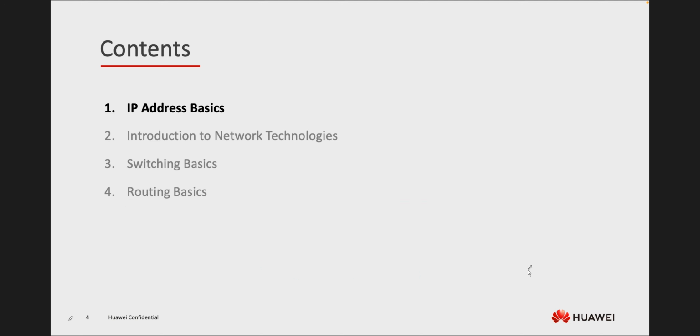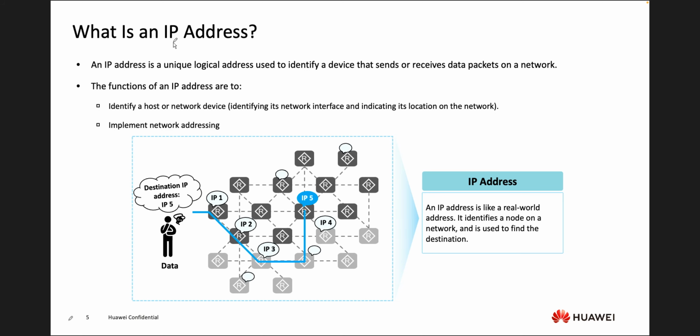So we're going to go through the basics first. So the basic is basically what's an IP address. An IP address is basically an identity that you give a router on a network or on a cloud. That IP address allows the device, whoever gets an IP address, to send and receive data packets on a network. And so in this case here, you would have the data sitting here, and the data needs to get maybe to this router here.